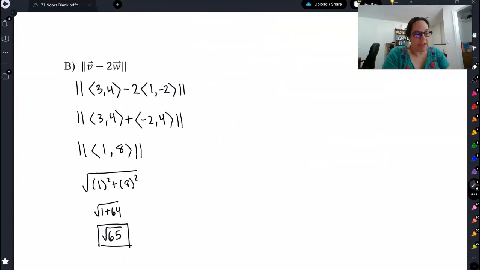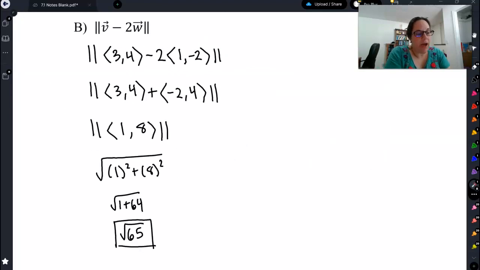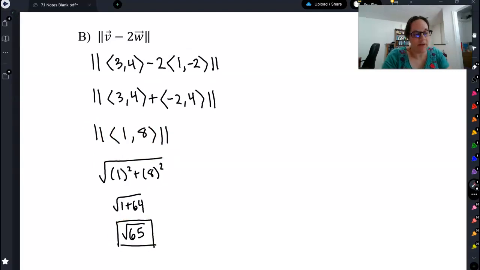Versus, if you look at B, I took vector v minus 2 times vector w. So I distributed that 2 in first to get this. Then I had vector v plus that, so that's vector addition. Just add the x and y parts. 3 minus 2 is 1. 4 plus 4 is 8. So that gave me this vector. Now I find the magnitude of it using my R equation to get square root of 65.